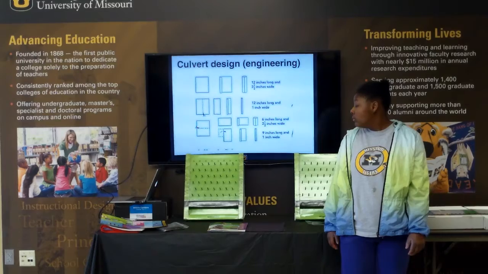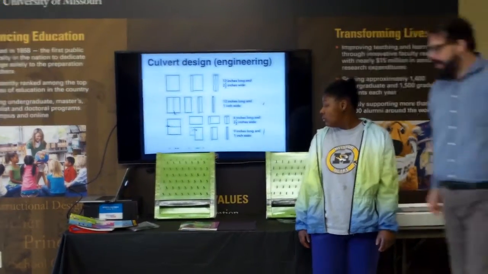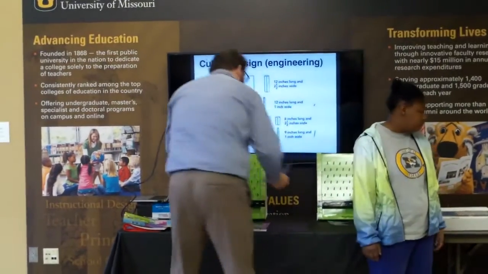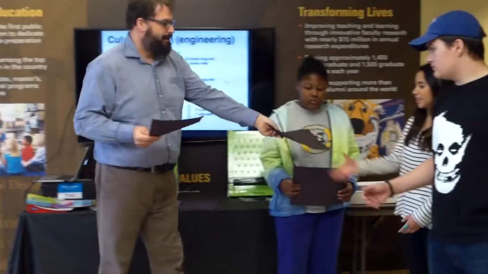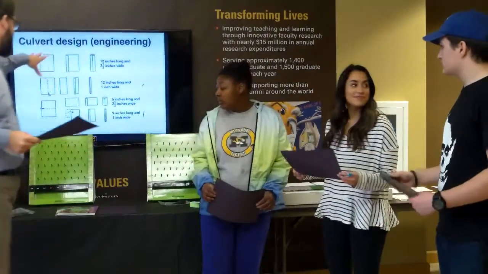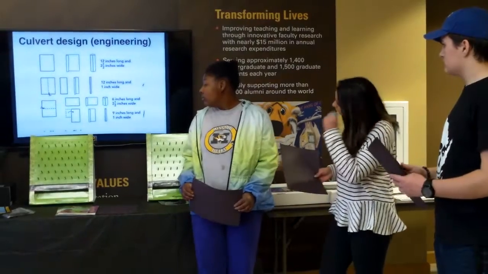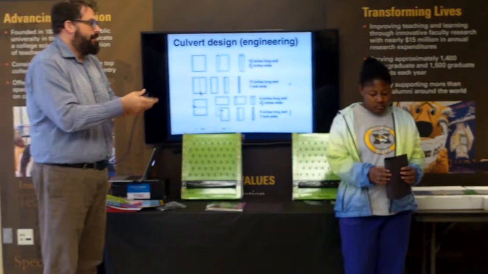And then we're looking at culverts. So I want you to develop your own culverts now. So I have your black paper. Each one of you can get a black paper. Here we go. And you see several different designs here, right? You could make a long one and make it wider.